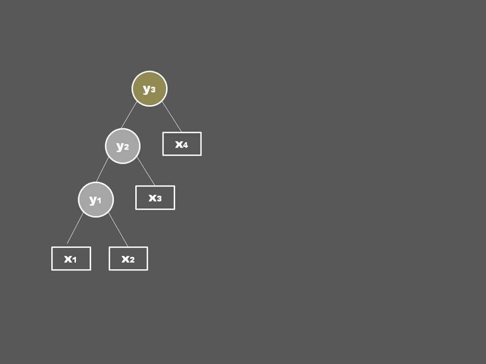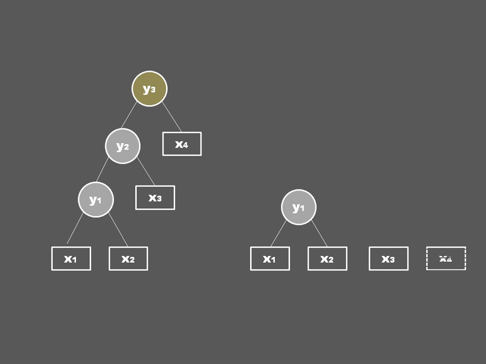Now there may be different patterns. So we will see another pattern for simplicity. In another pattern, we merge x1 and x2 to get sorted file y1. Then x3 and x4 are merged together to get the sorted file y2.